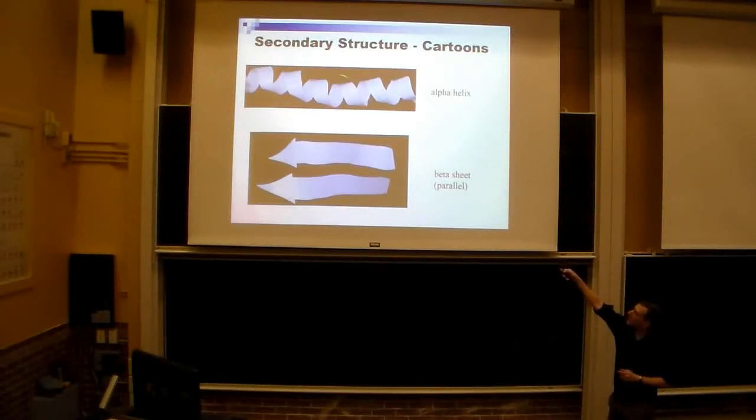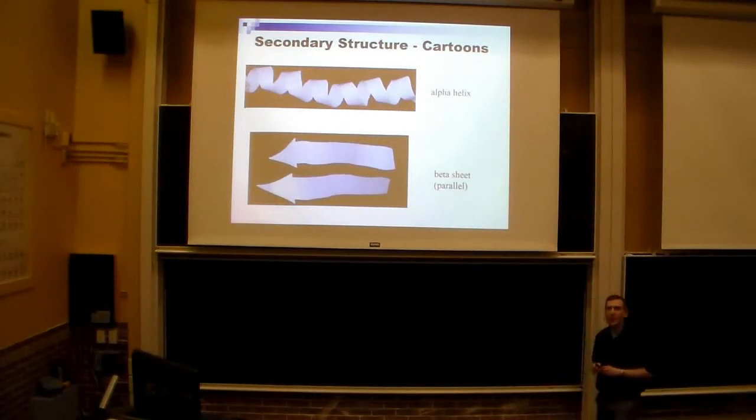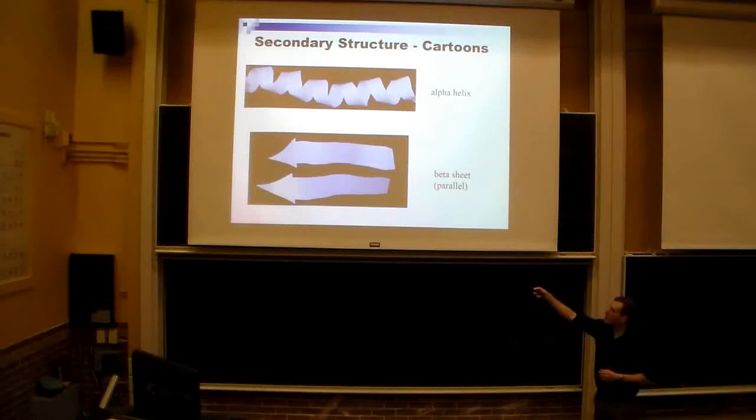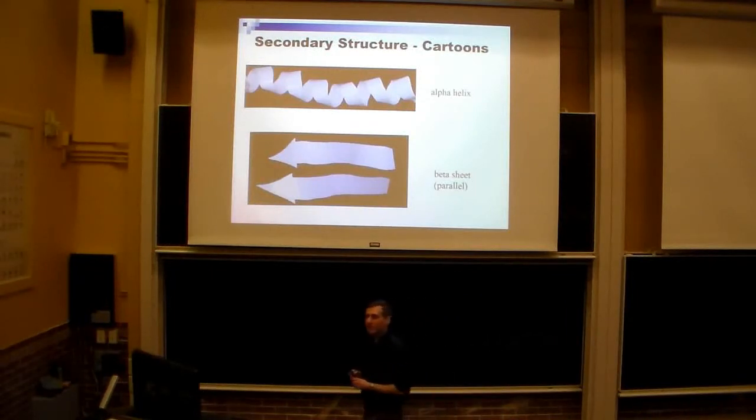For alpha helices, sometimes you see this kind of coiled ribbon to represent an alpha helix. Sometimes it's simply a cylinder, so just be aware that there are different ways of representing that. And beta sheets are often represented as these arrows pointing amino to carboxyl across the beta sheet. So in this case, we see a parallel beta sheet with two strands.